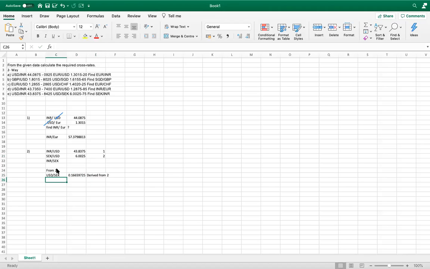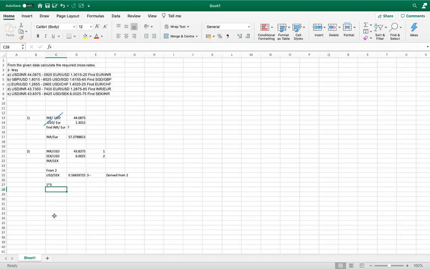So when I need the required quotation, what does the required quotation say? INR is on the left hand side. I can also eliminate USD here. Multiplying, I'll call this 3. 3 is from this thing. So I will say 1 into 3.